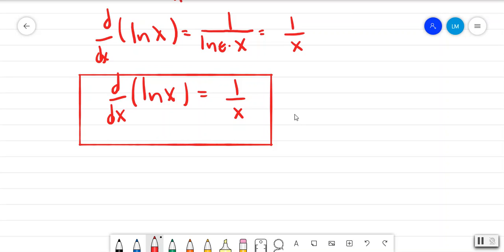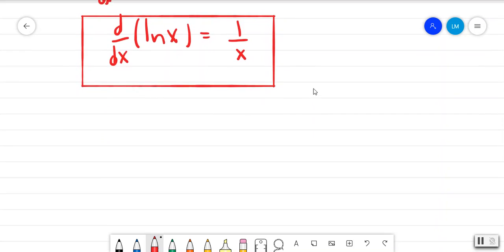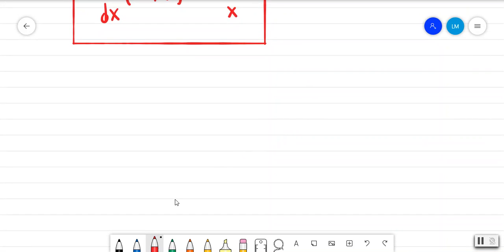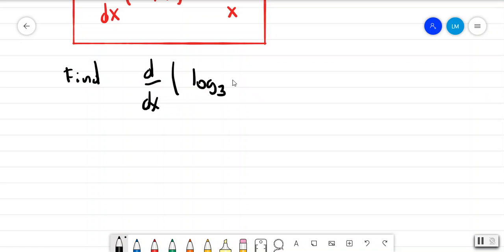Now I'd like to at least do a few examples. So we'll go ahead and look at how we can find the derivative of log base 3 of x.